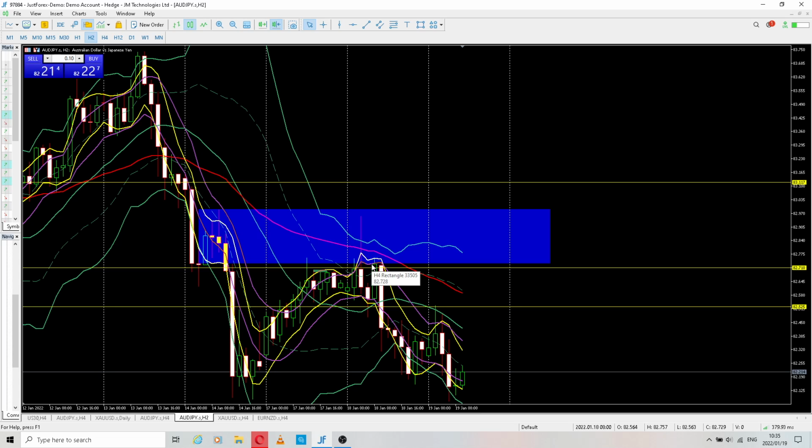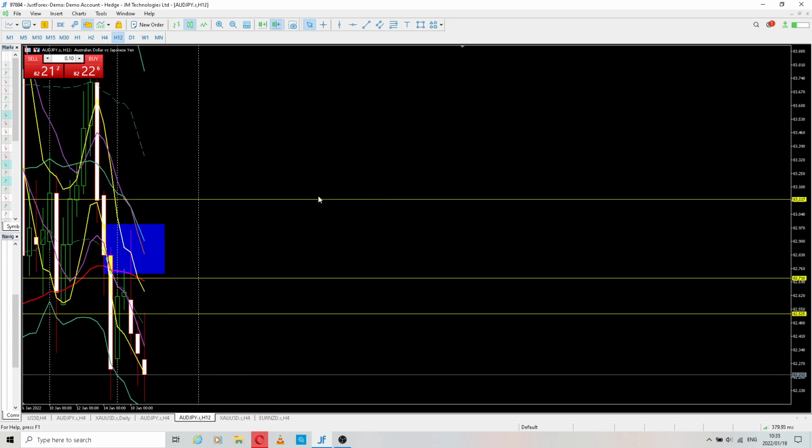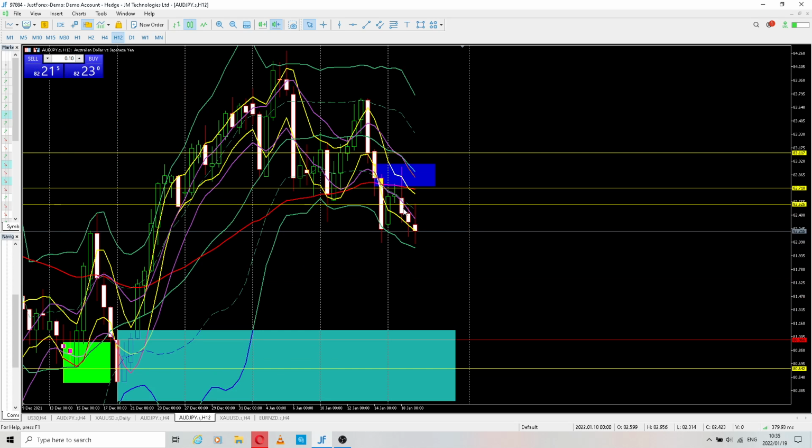So let's go back and see what happened. It was a re-entry on H12. H12 closed right there, and as you can see, it's very far from that area. So if you enter your trade right there, you still have a big area to protect.